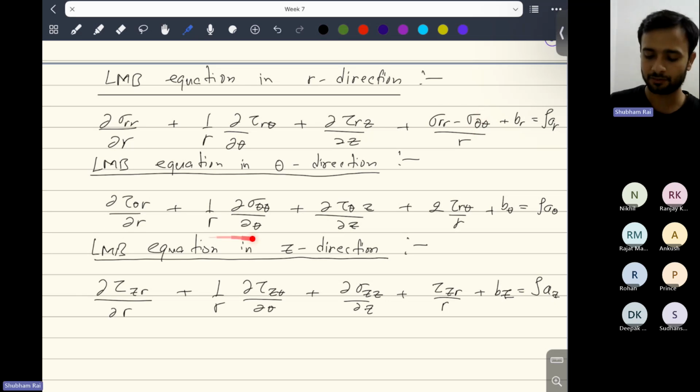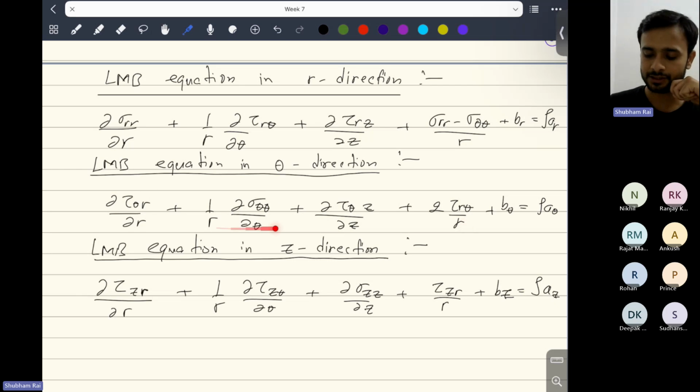Similarly, if you see the second equation, you had all the terms at that time as well. Let me just see. Here actually it should be del zr, what I had written. Okay, then it is fine. This term is an extra term here.